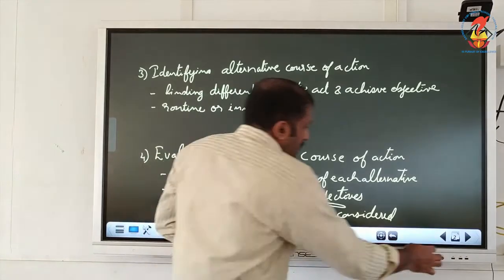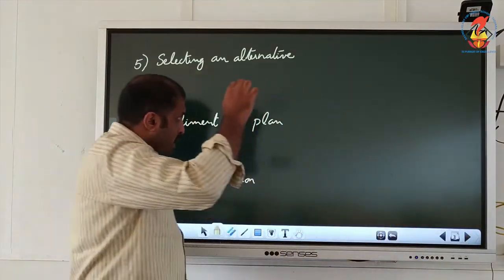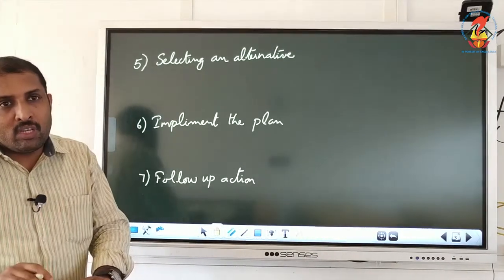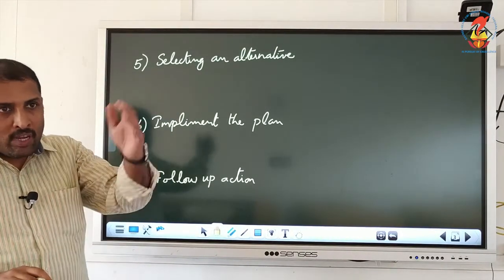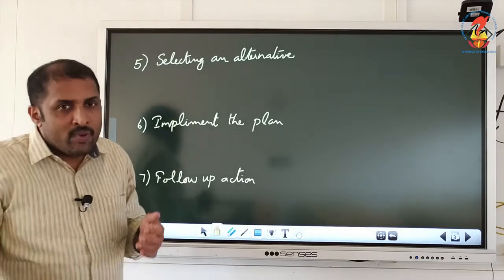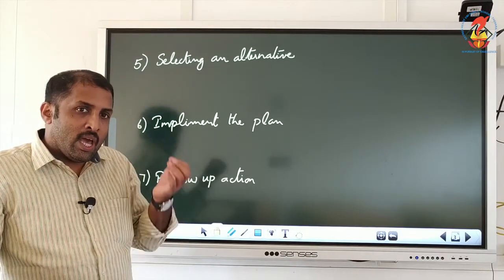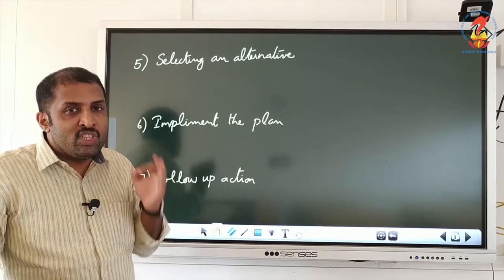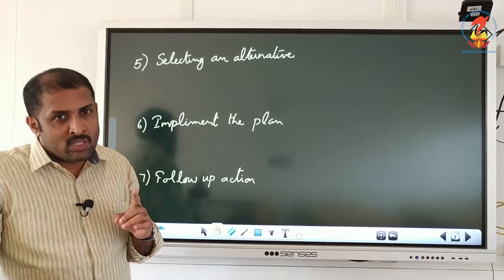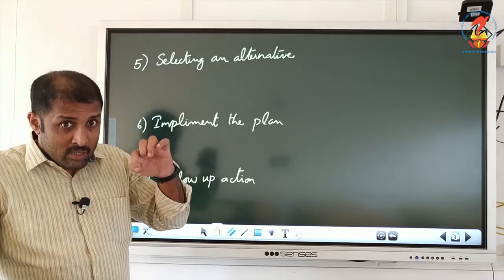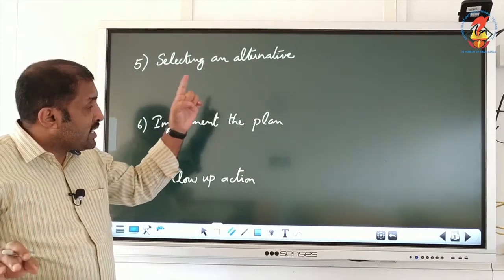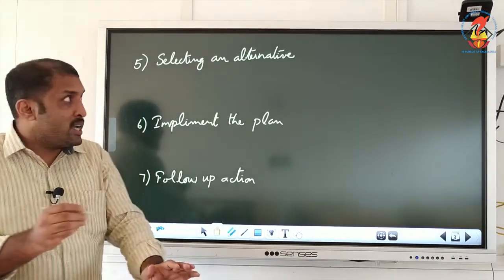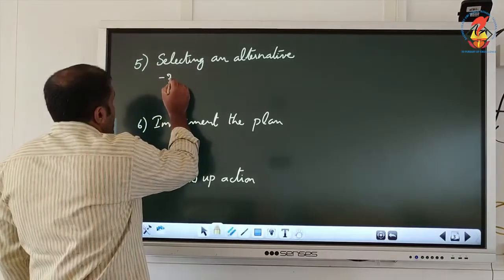Now we move on to the next step. We have identified various alternatives, evaluated them, found different ways of doing things, and analyzed them on the basis of their feasibility and consequences. In this step, selecting an alternative is considered the real point of decision making.